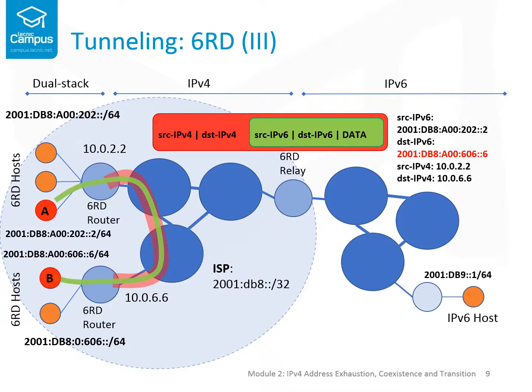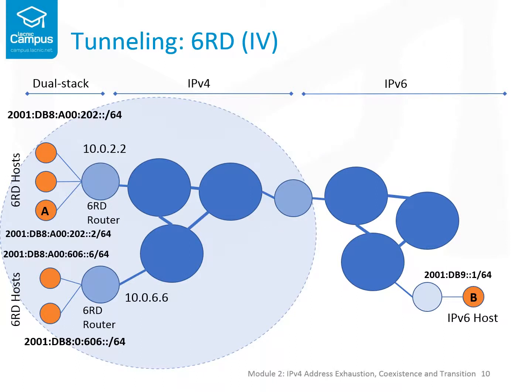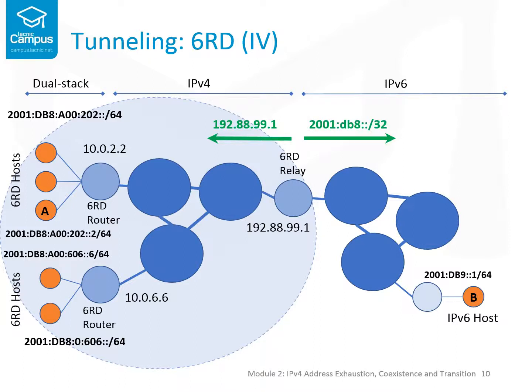When a 6RD host must communicate with a host of the IPv6 internet, we need an element known as a 6RD relay to connect both worlds. The relay announces to the internal network a known anycast address, which will be used to send 6RD traffic.